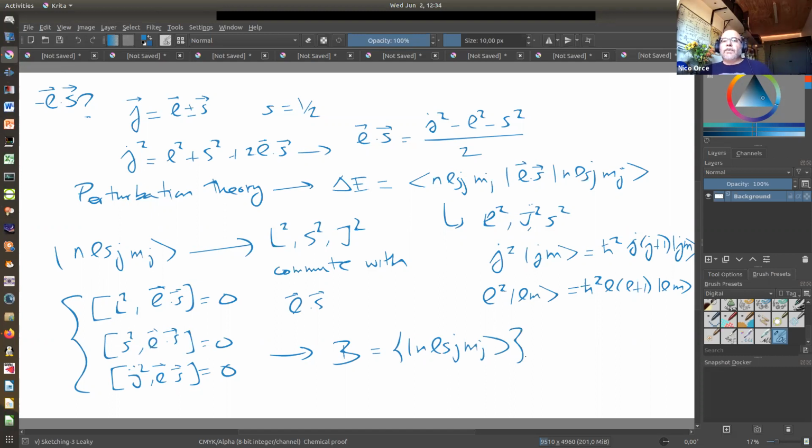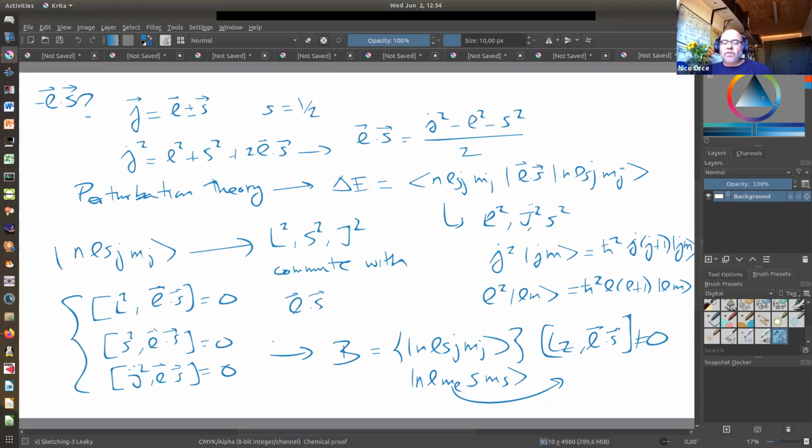We could have used a different set of operators, for instance n, l, m_l, s, m_s. But then we see that L_z with L dot S is different from 0.